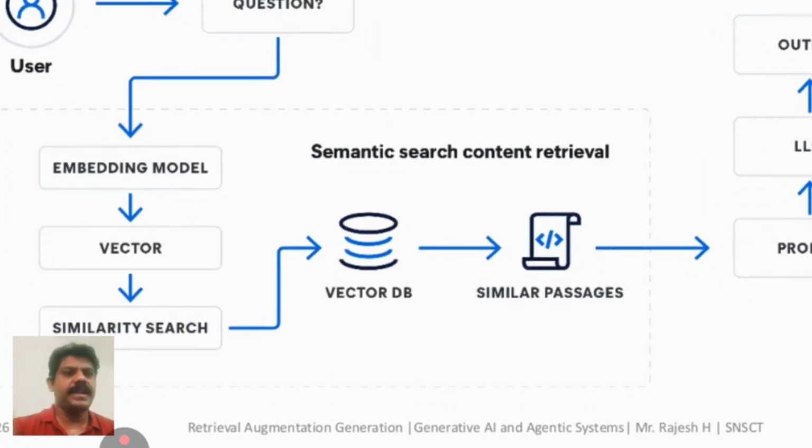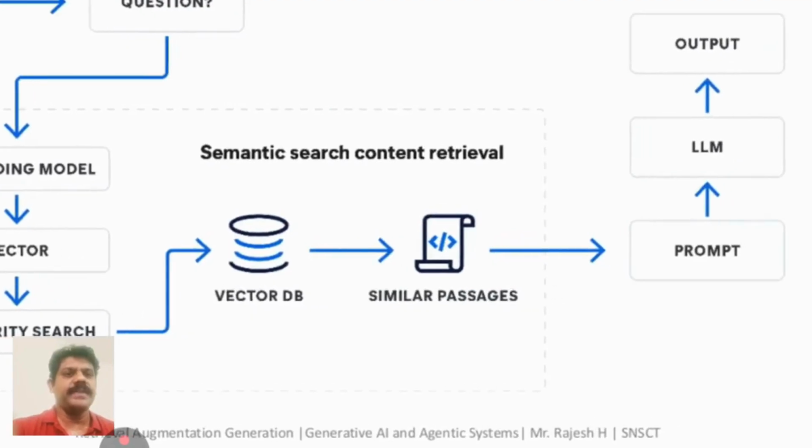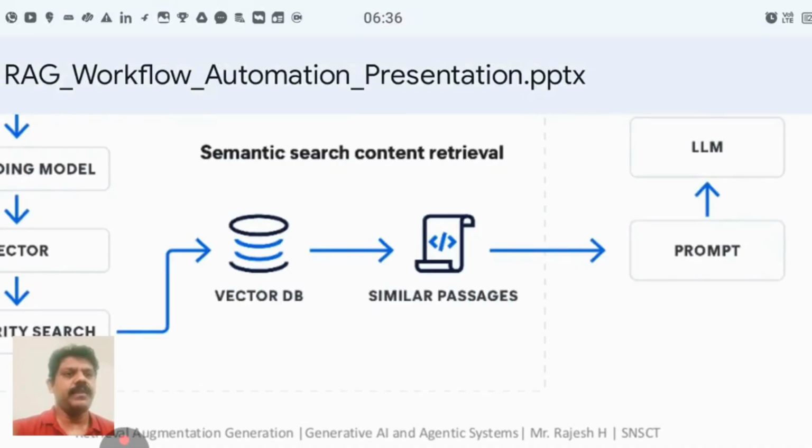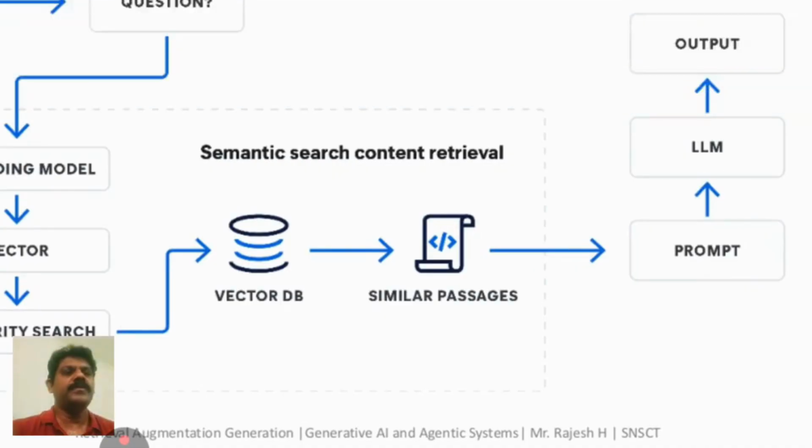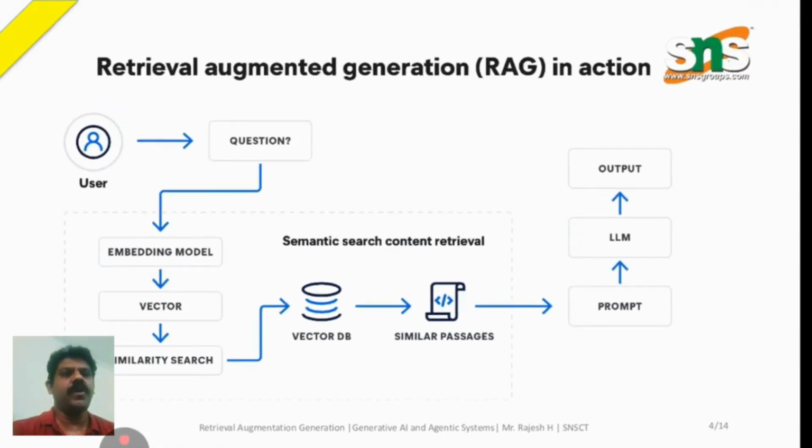Then there is a semantic search with the meaning and context of each prompting keyword. It is processed, and once the retrieval is over, the similar passages pass into the final prompt, and the final prompt is supported by the LLM, which produces the output. So this is the overall understanding of retrieval-augmented generation in action.